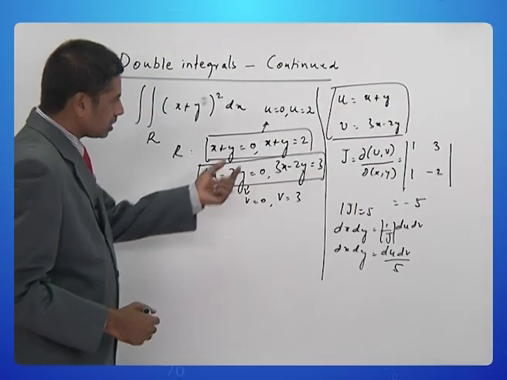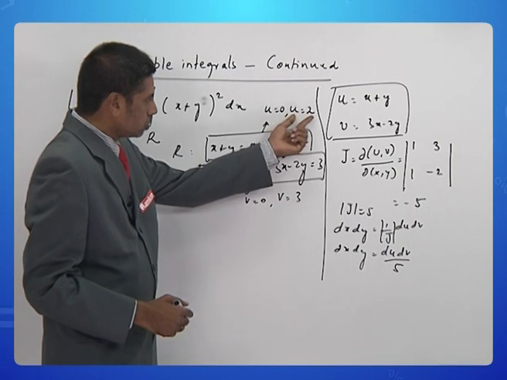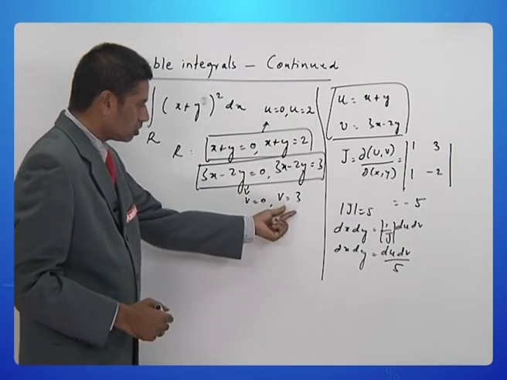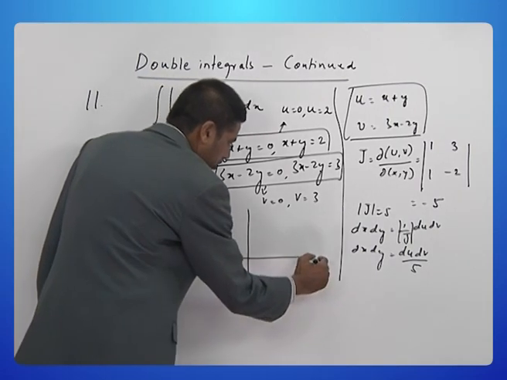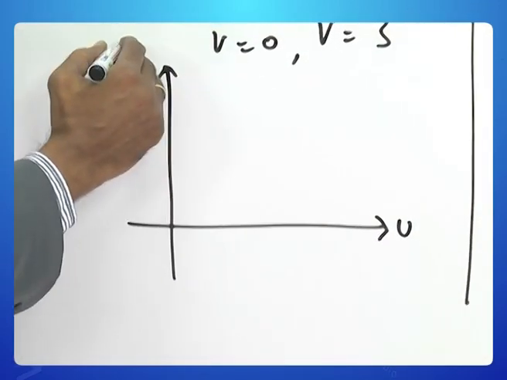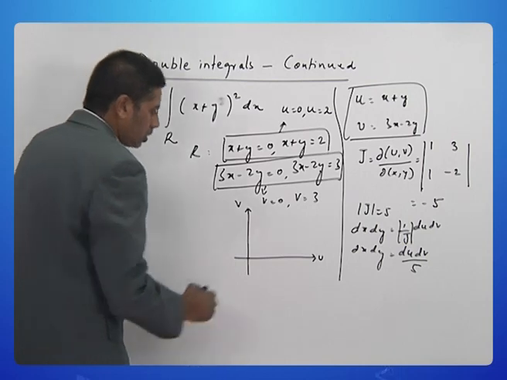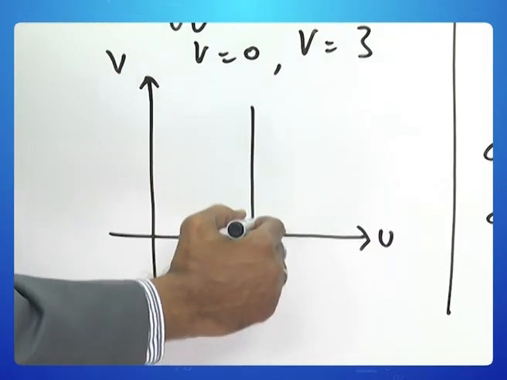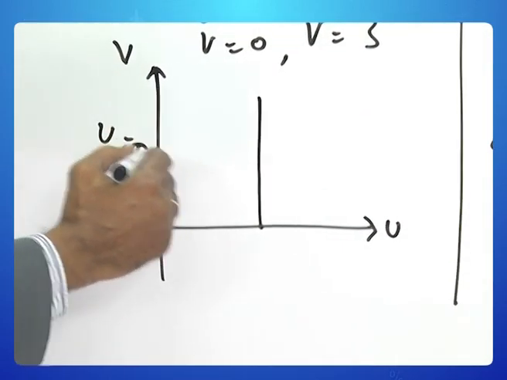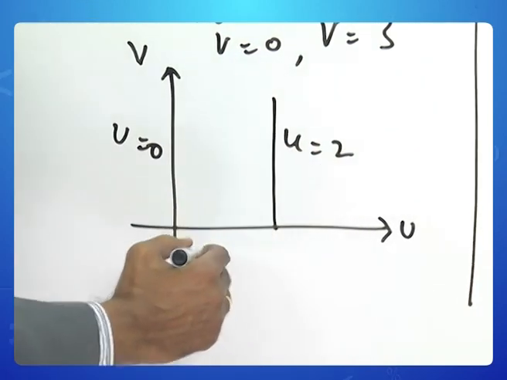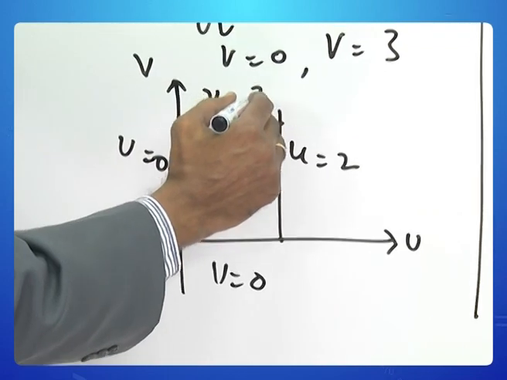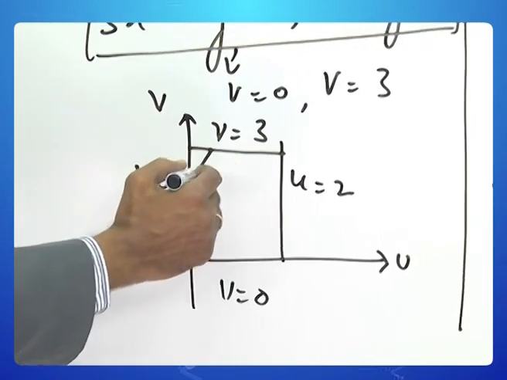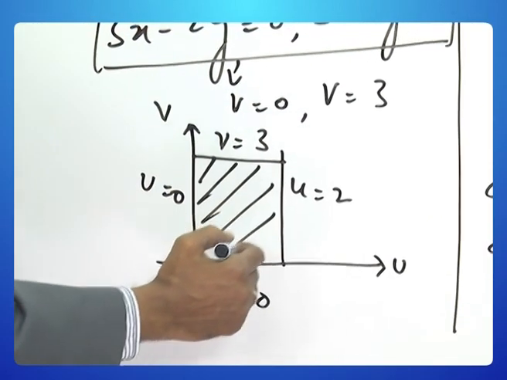So u equal to 0, u equal to 2, v equal to 0, v equal to 3 corresponds to a rectangle in the uv plane. So this becomes the region of integration.